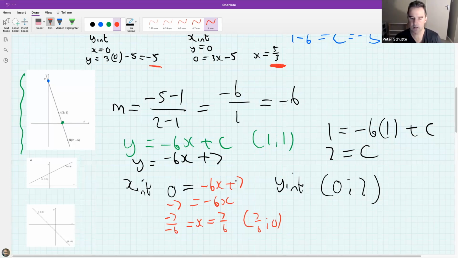Okay, so we should be getting our y-intercept is going to be (0, 7). So this thing over here is (0, 7). And the x-intercept over here is going to be (7/6, 0).